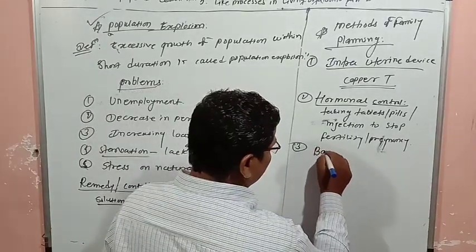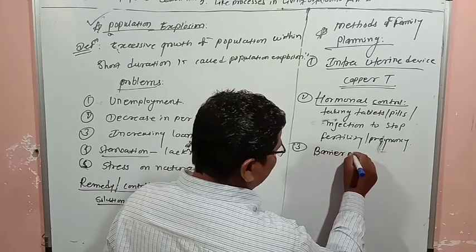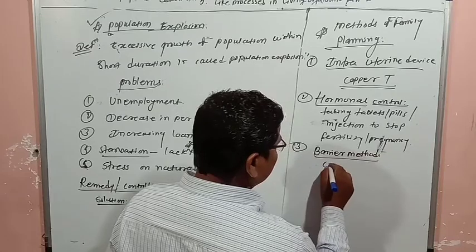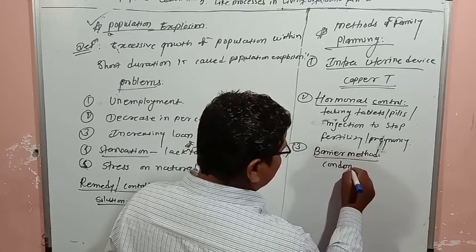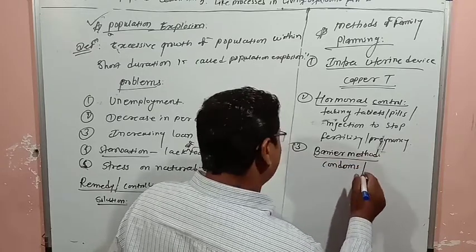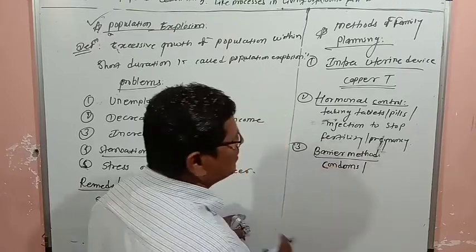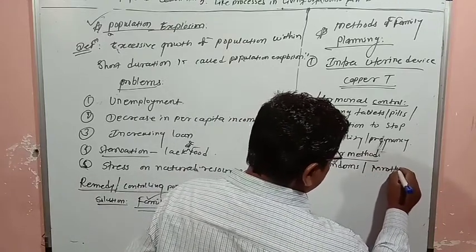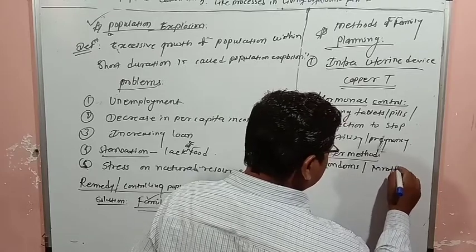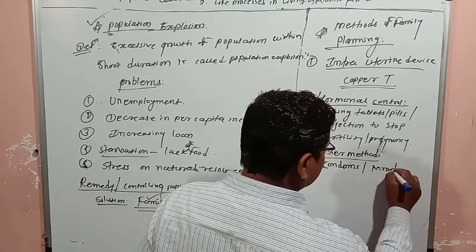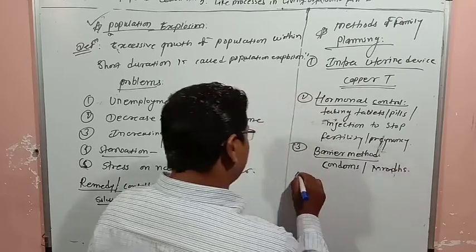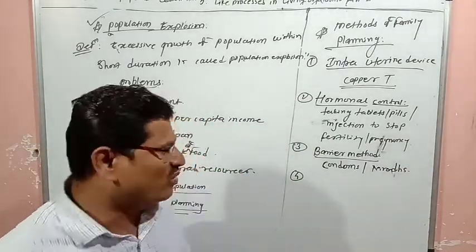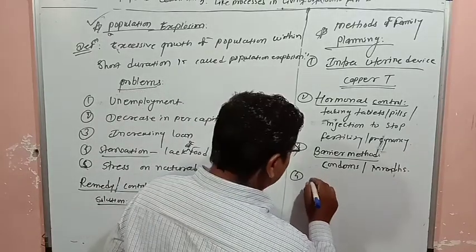The third is the barrier method. In that, condoms are used. The fourth is permanent control.